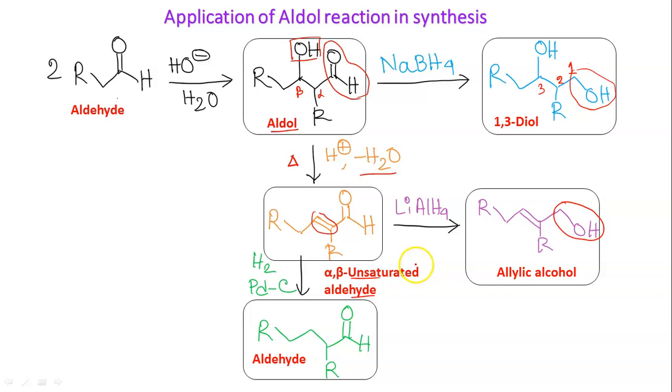Normally we can also use NaBH4, but why are we using lithium aluminium hydride? Because if we use sodium borohydride, there is a chance that the C=C double bond will also be reduced. Normally, if the C=C bond is not adjacent to any carbonyl group, sodium borohydride cannot reduce the C=C double bond.